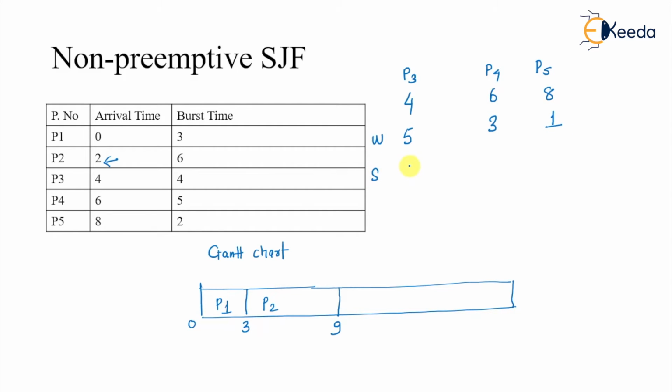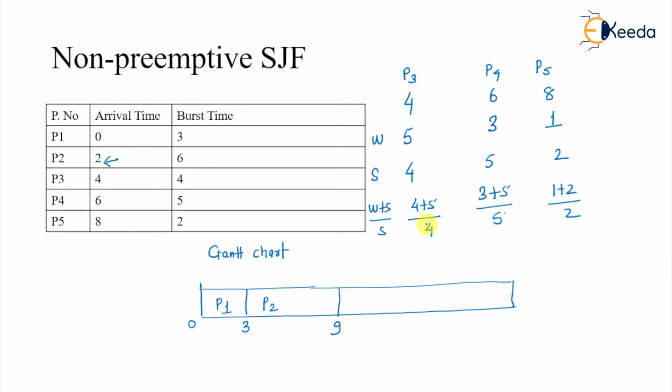Their burst times are 4, 5 and 2, and their response ratio, W plus S divided by S, will be 5 plus 4 divided by 4, 3 plus 5 divided by 5, and 1 plus 2 divided by 2.